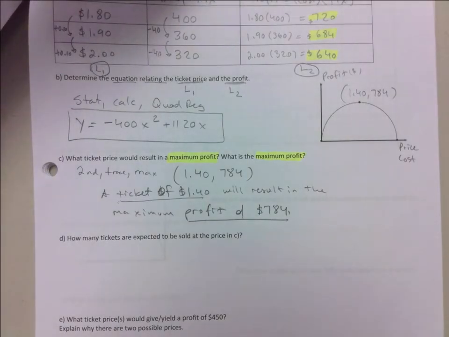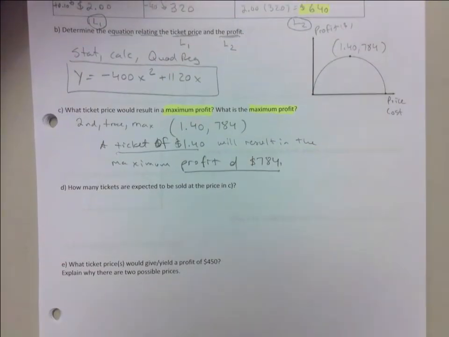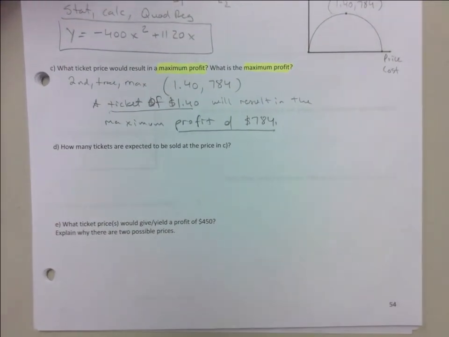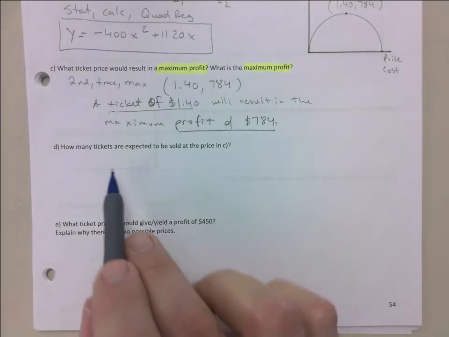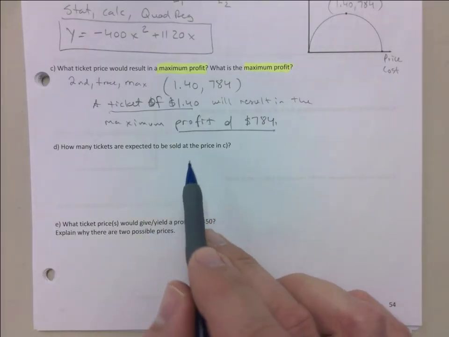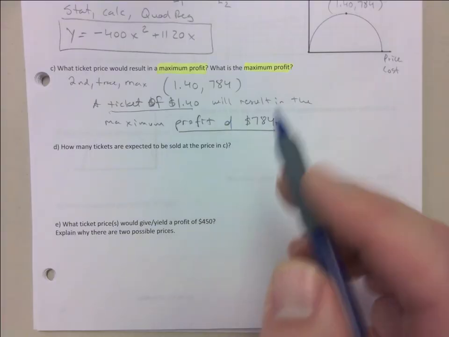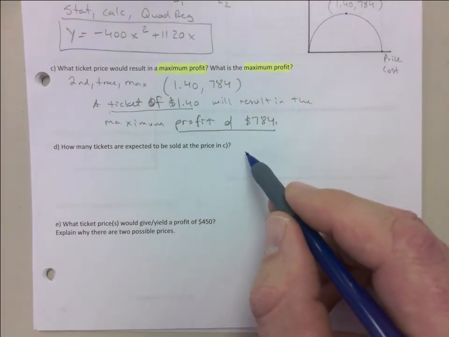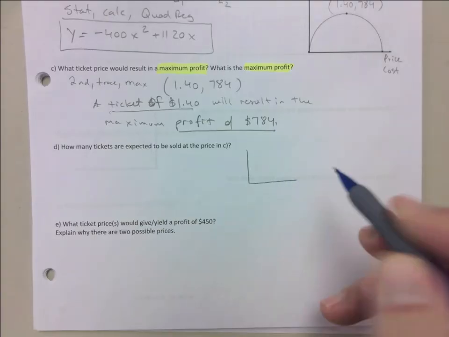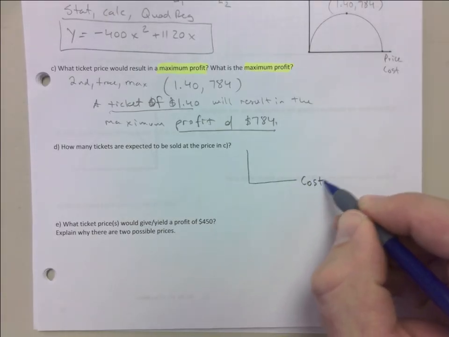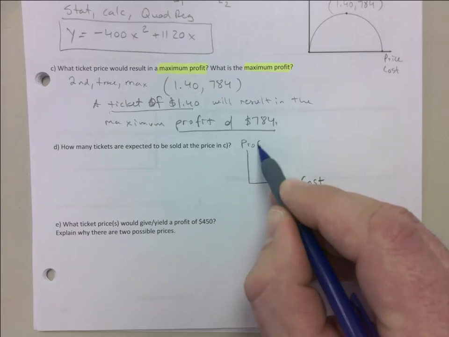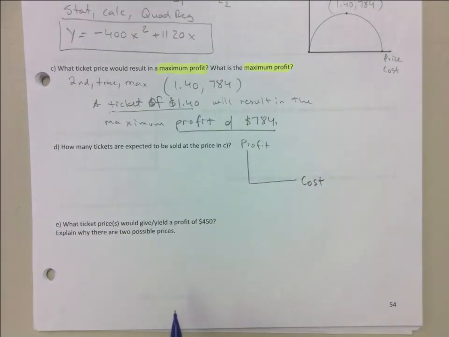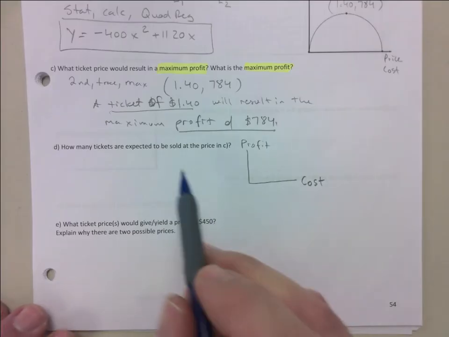I'm almost done. How many tickets are expected to be sold at this price over here? Remember, our equation relates, let's do this one more time, relates cost and profit. Now it wants what?